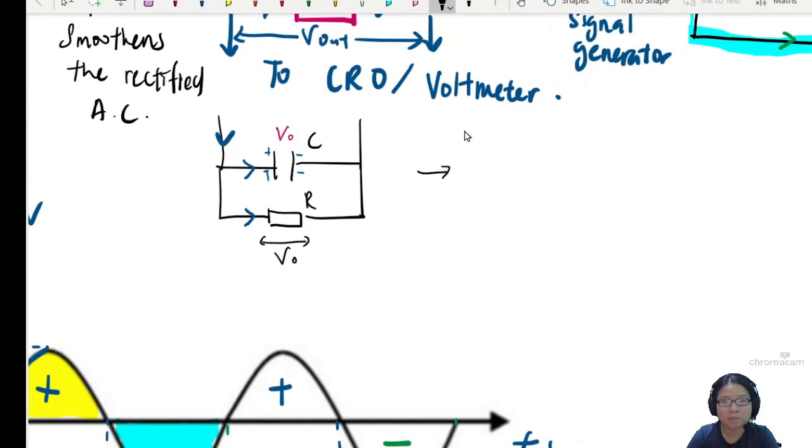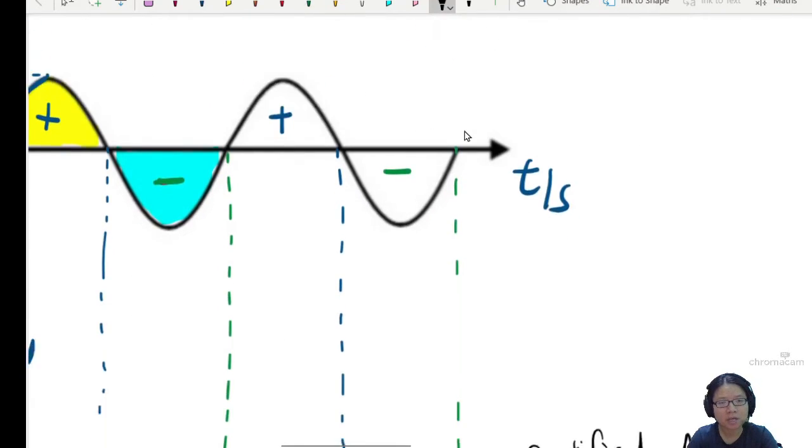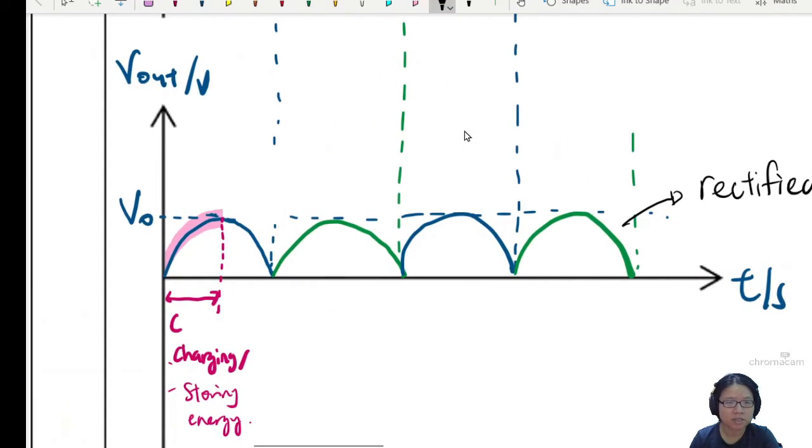But after a while, the resistor is unable to maintain V0 because the AC current will decrease, because it's about to change cycle. So you can see it will charge to V0 and then after that it will go down. I would like it to go down slower, to have less ripple.